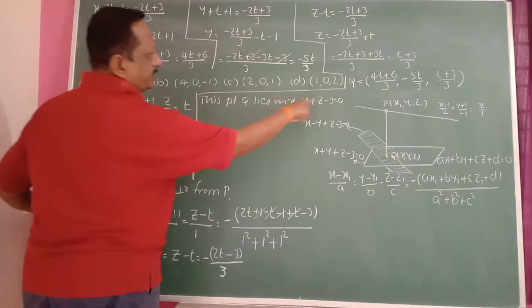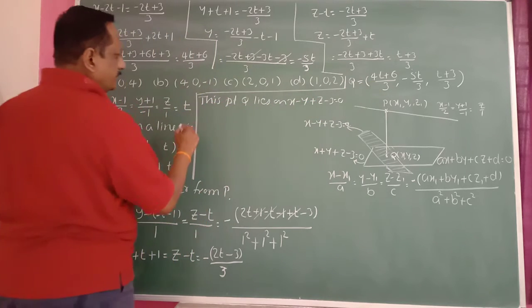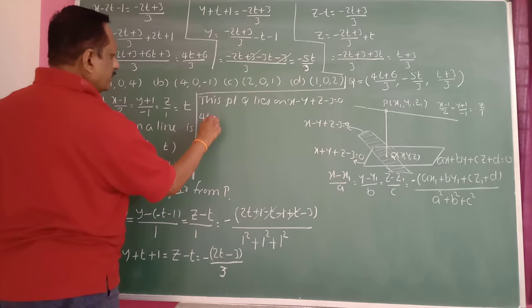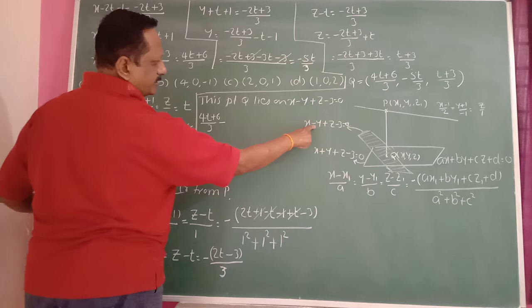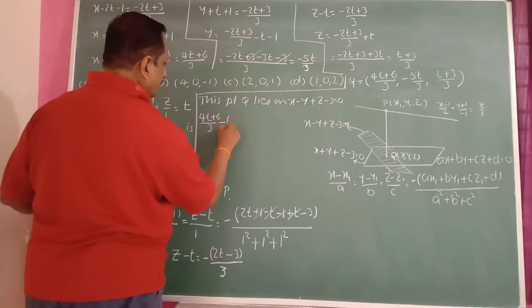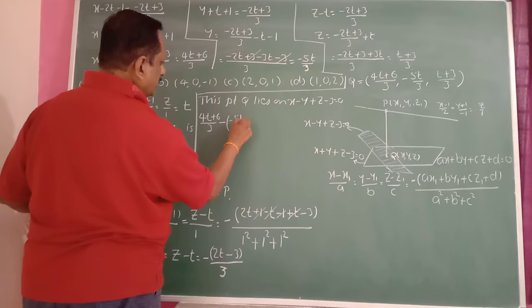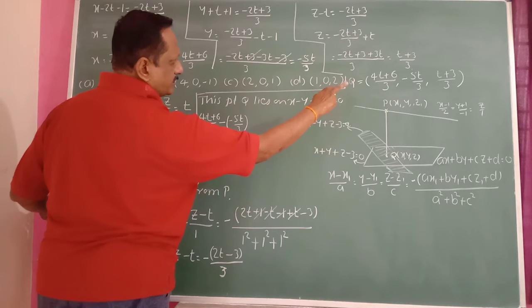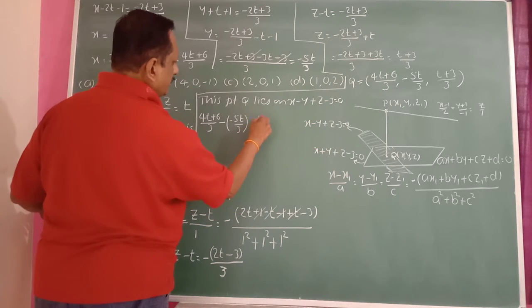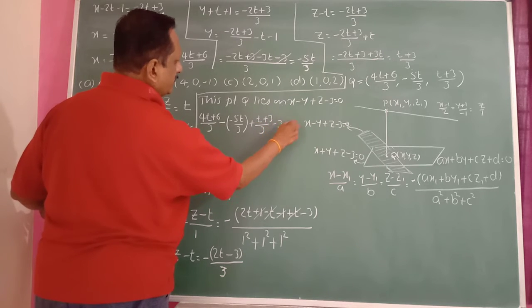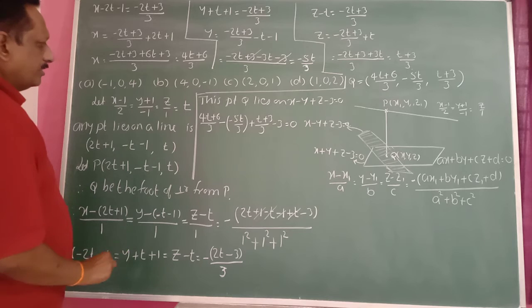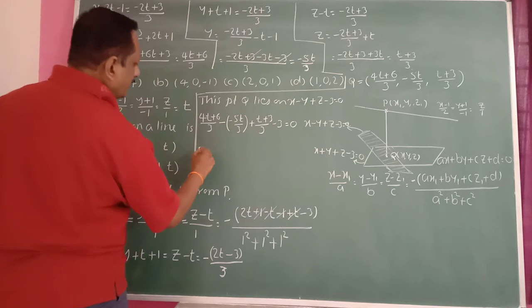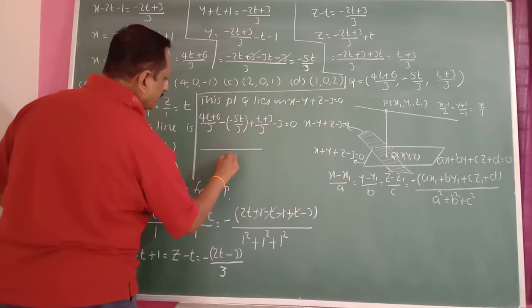Therefore replace x by 4t plus 6 divided by 3, minus sign is there, y is minus of 5t divided by 3, then replace z by t plus 3 divided by 3, minus of 3 is equal to 0. Here 3 is in the denominator.